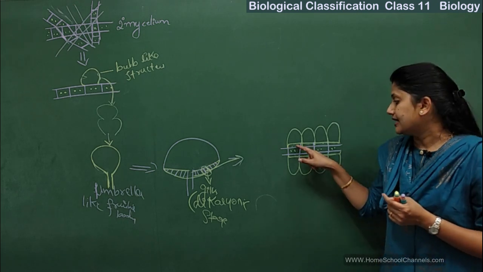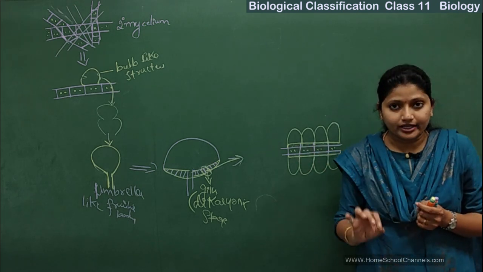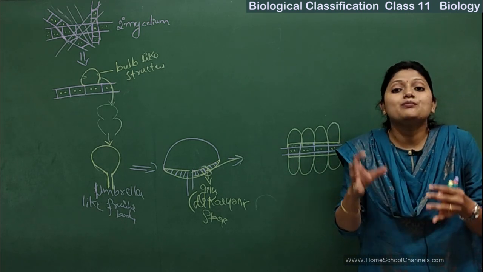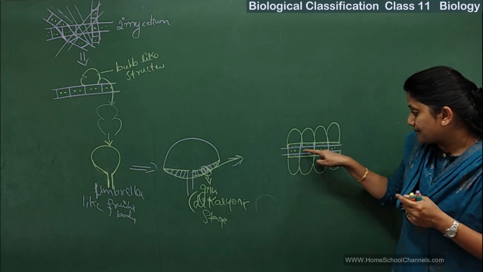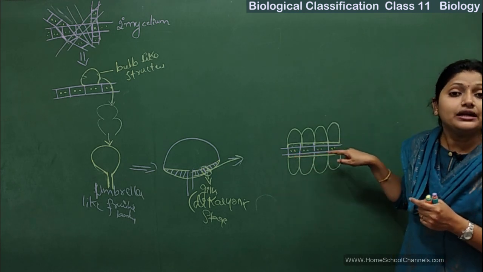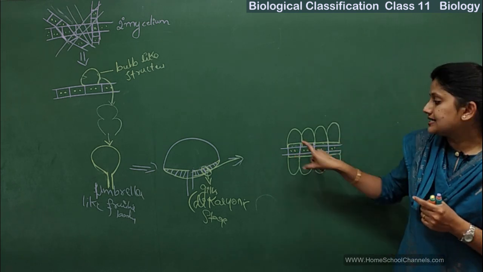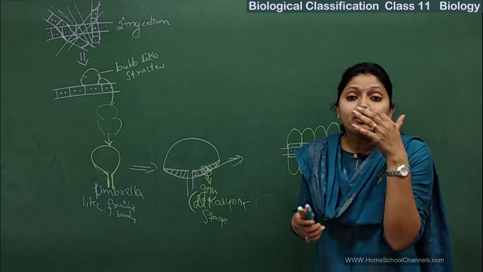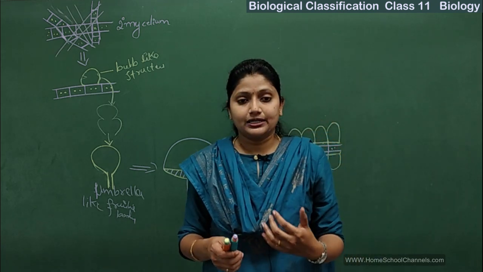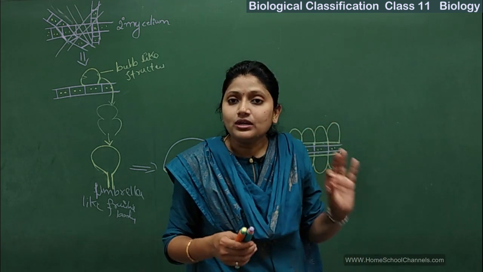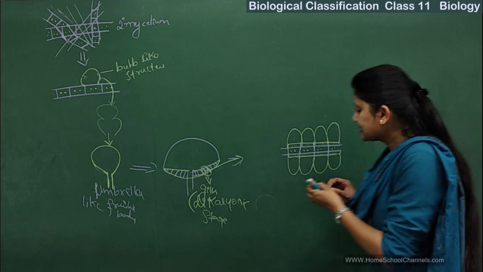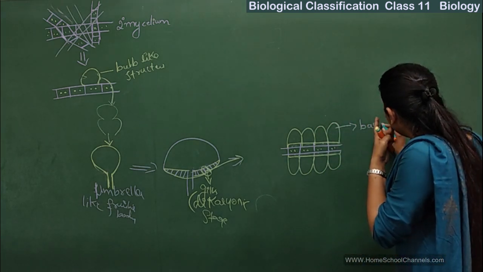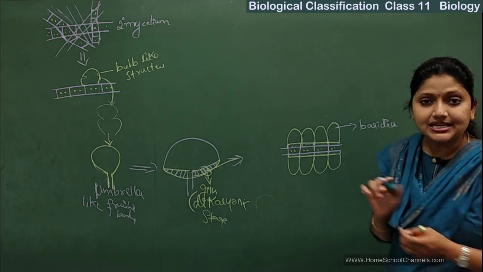This layer is non-reproductive. It doesn't have the characteristics of a reproductive structure. Only the mid layer of the gill, as well as these balloon-like structures, have the reproductive characteristics, and these balloon-like structures are called basidia.